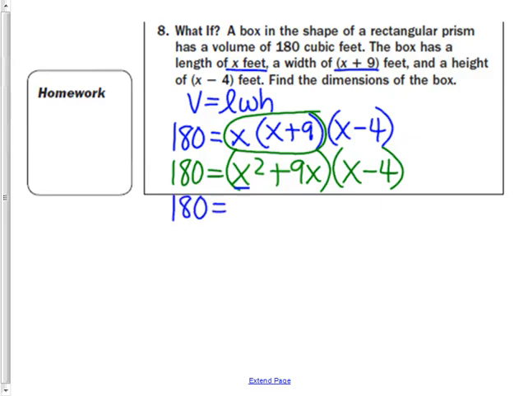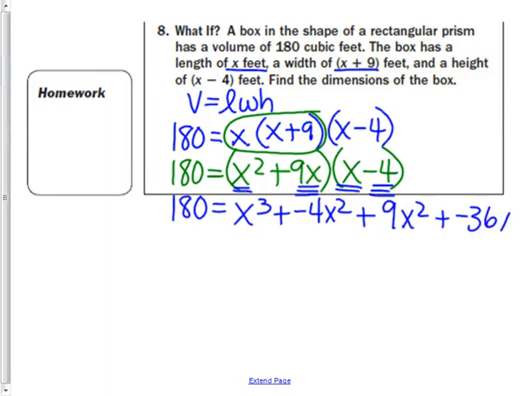So first, x squared times x is x cubed. Outside, x squared times negative 4 is negative 4x squared. Inside, 9x times x, so 9x squared. And last, 9x times negative 4 would be negative 36x.